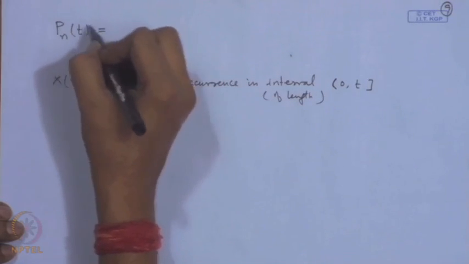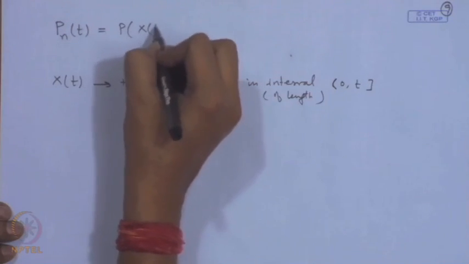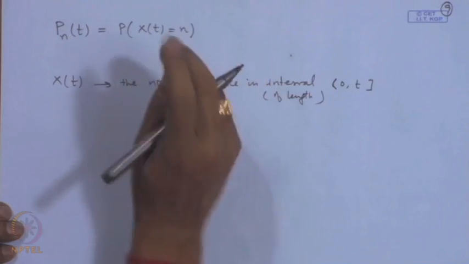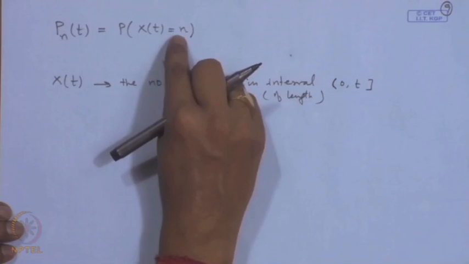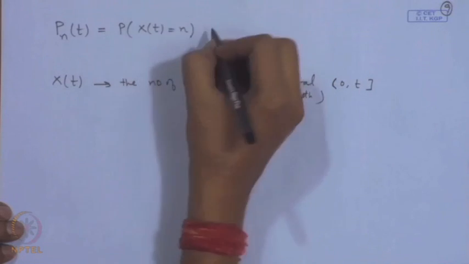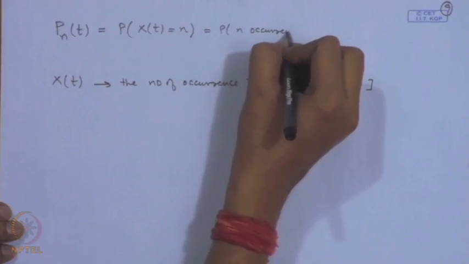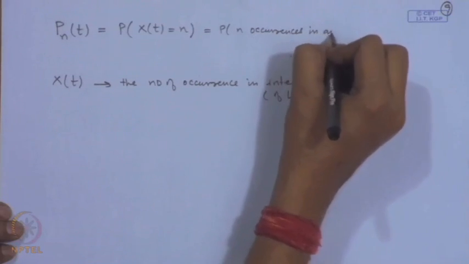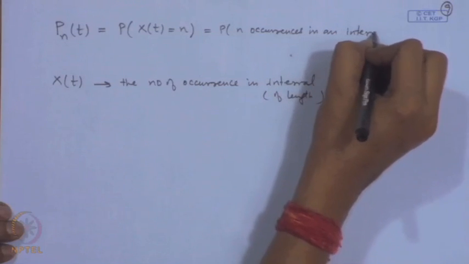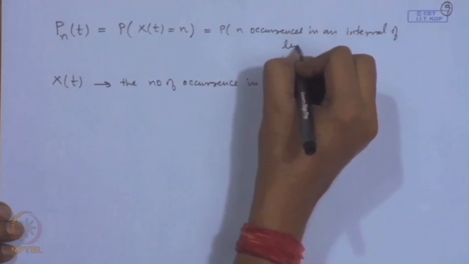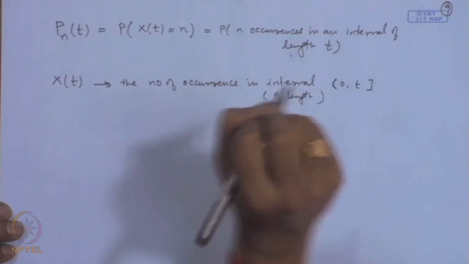Then we use the notation p n t, that is the probability of X t equal to n. That means in the interval of length t there are n occurrences, that is, the probability of n occurrences in an interval of length t.